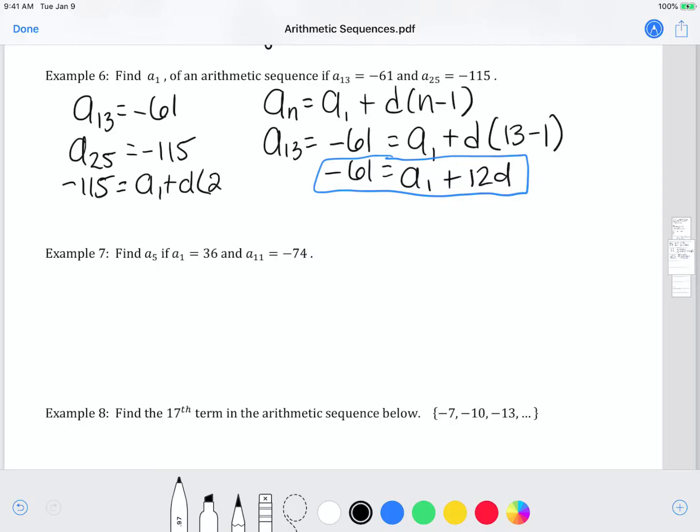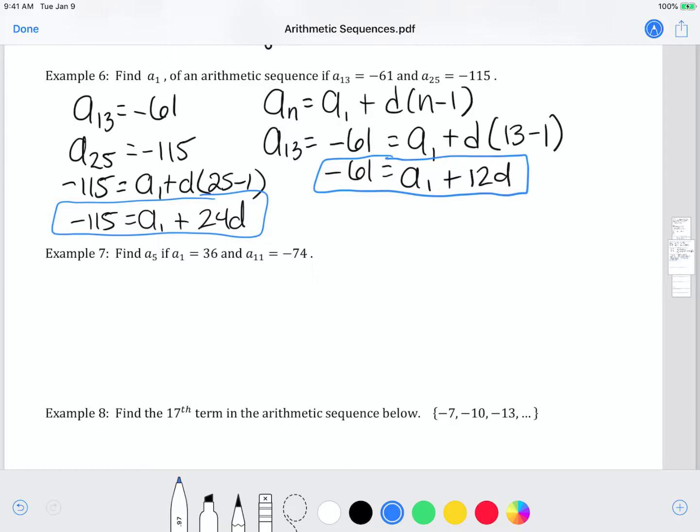In this case it would be 25 minus 1 because this is the 25th term, so n is 25. And when I take 25 minus 1, that gives me 24. So my second equation is going to be 24D plus A1. Here's my second equation. So now I have 2 equations and 2 unknowns.